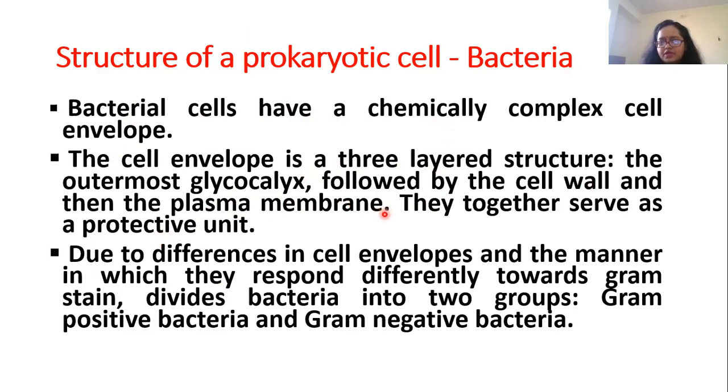So the cell membrane or plasma membrane, the cell wall, and also one more layer, the glycocalyx, are present in prokaryotes. Together these 3 layers form a cell envelope, and they together serve as a protective unit. Due to differences in the cell envelope and the manner in which they respond differently towards gram stain, bacteria are divided into 2 groups, gram positive bacteria and gram negative bacteria.